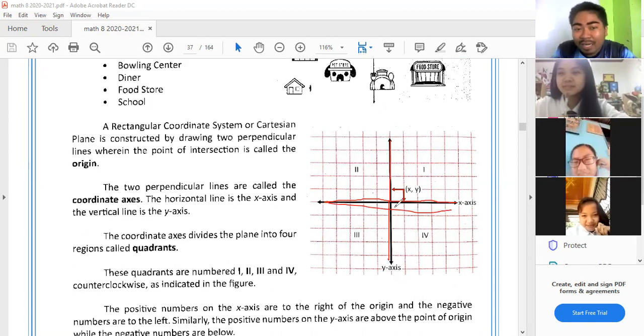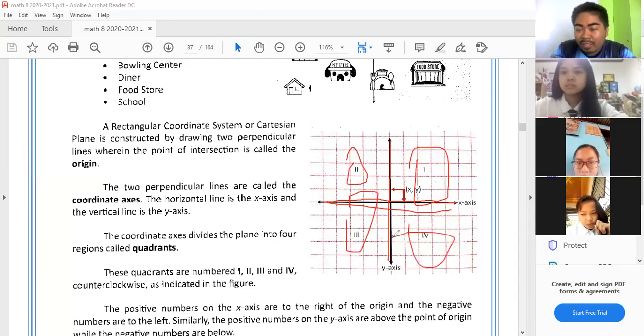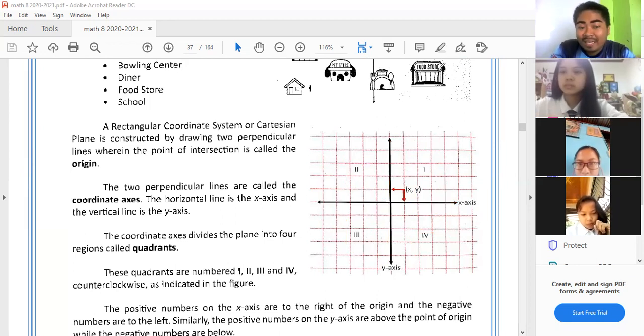Two perpendicular lines are called the coordinate axis. Nahati-hati yan into quadrants. So there are 4 quadrants, 1, 2, 3 and 4. Kasi nga ilang sides ba yan? 4 lang naman. So ang tawag doon ay quadrants.